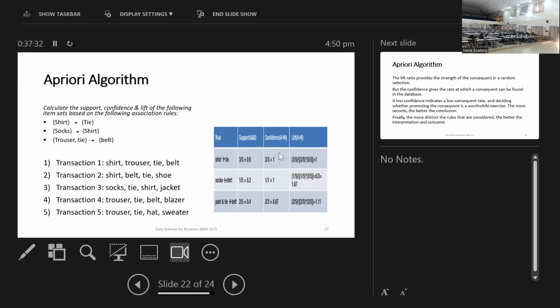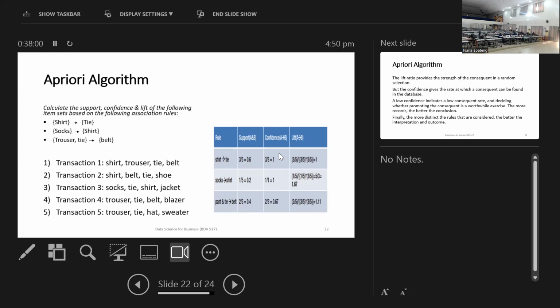So where we have the trousers, tie, and belt, the support is 2/5. Okay, and then the confidence 2/3, and then the lift. So the lift is the support over 3/5 times the probability of B. So the probability of B is belt.